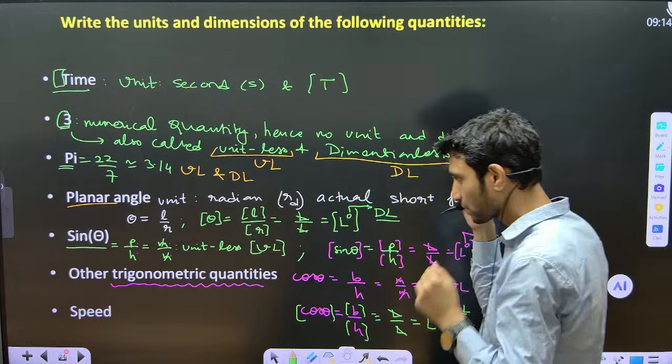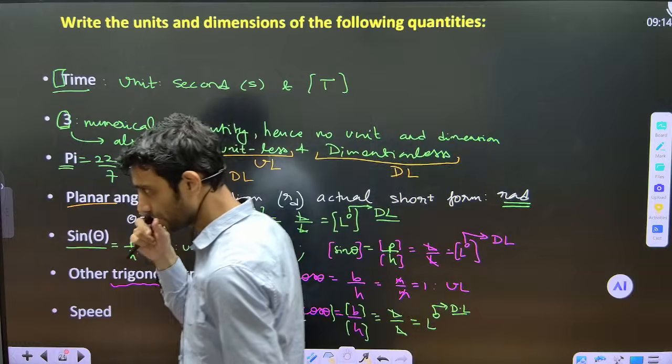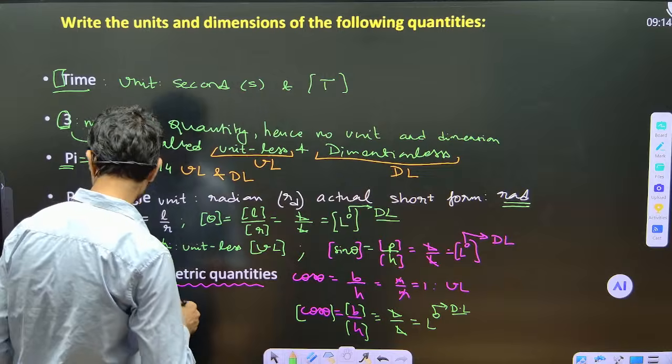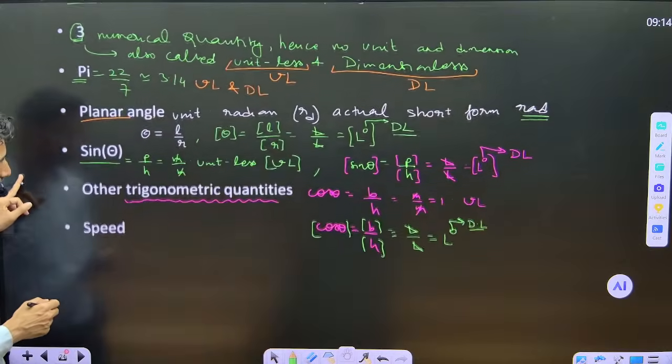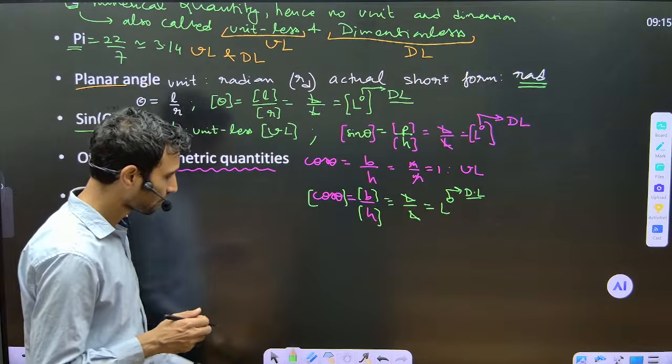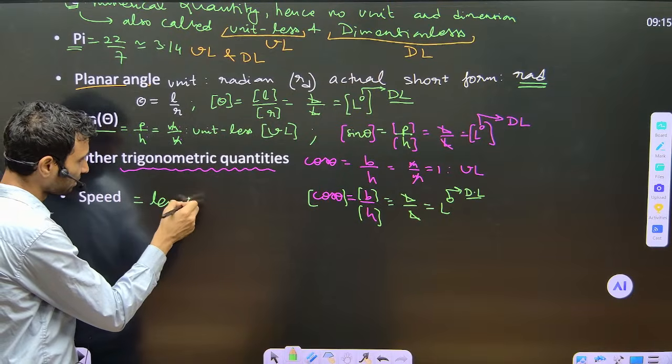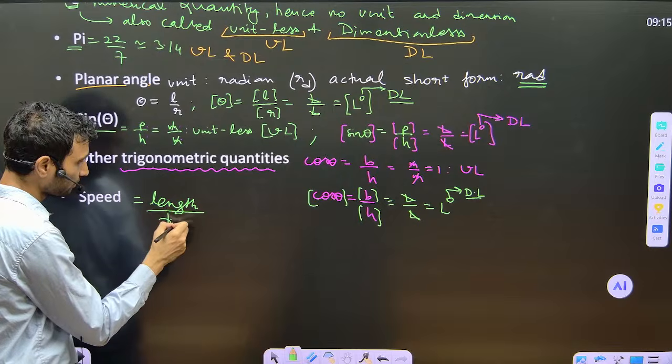Hope you have taken this down. Now let us check speed. So what can speed be written as? Speed has a formula, as you know, it is length upon time.